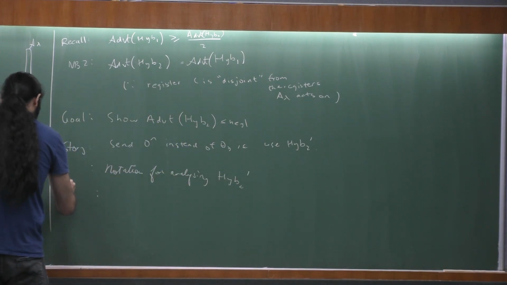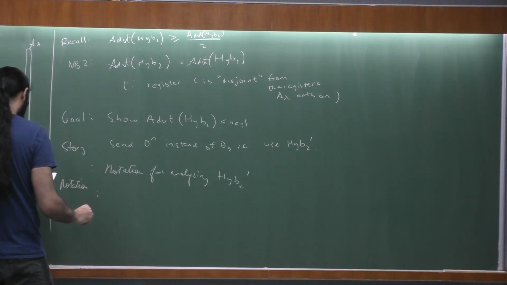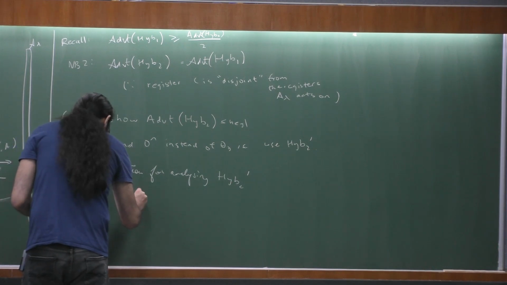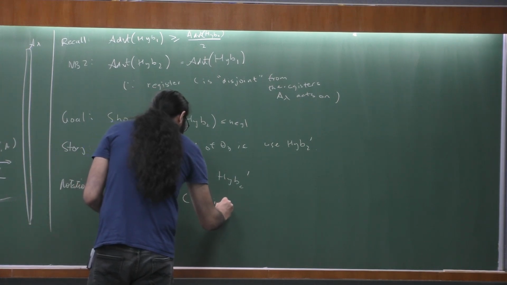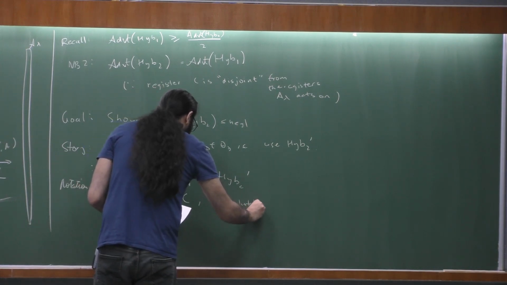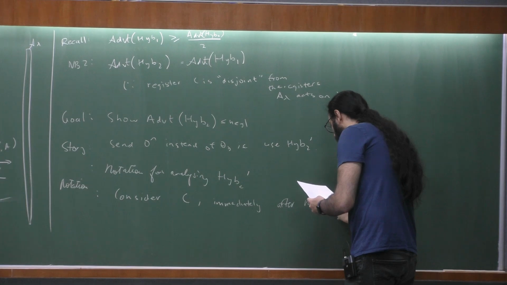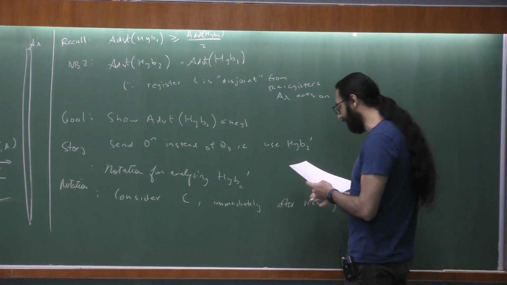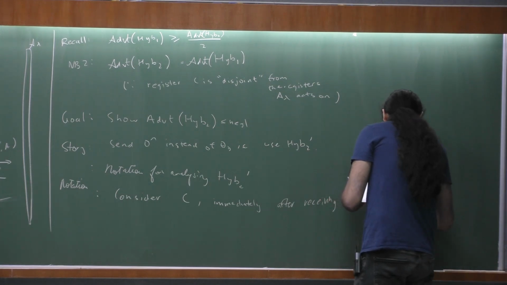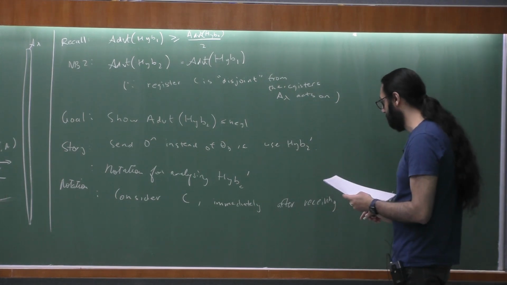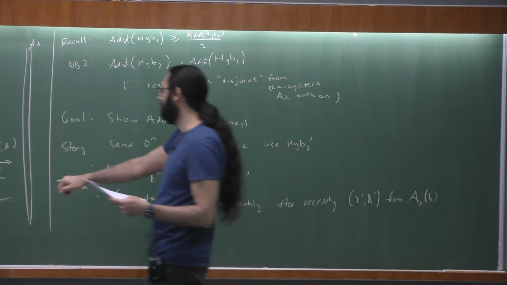So consider the register C immediately after receiving from A lambda B. So you get x prime and a prime, right?